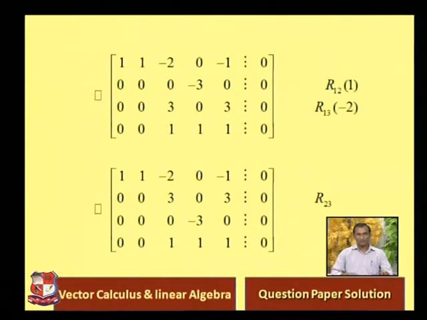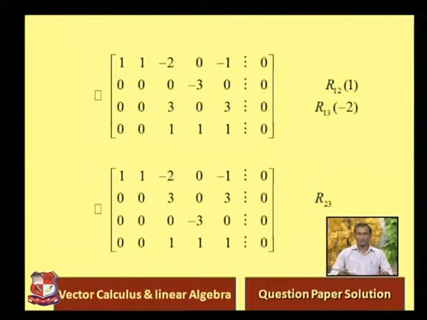Now the next step is once again to find the next leading one. The next leading one should be in the second row, third column, but here there is a 0 entry. So we rearrange by interchanging rows. In the second row, the entry in this column is 0, but the third row has a non-zero element in this column.